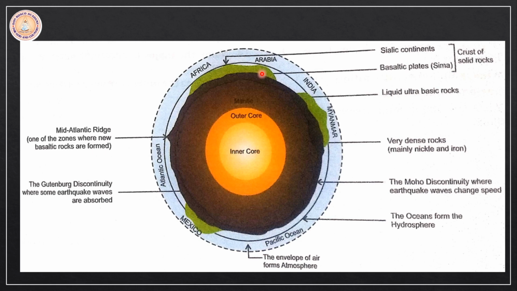So, the layers of the earth consist of the crust, the mantle, and the core.